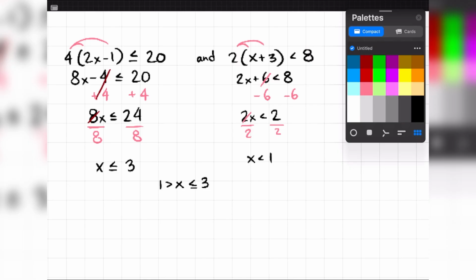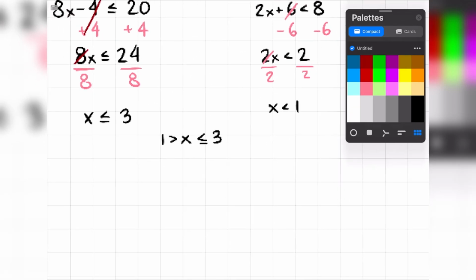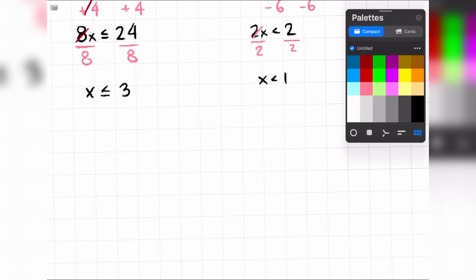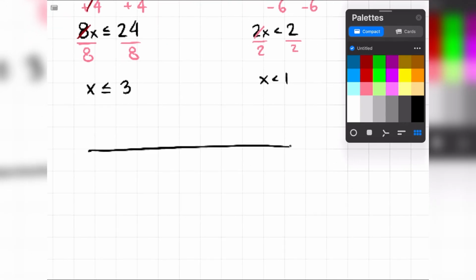Okay, so when you get something like this, what you do here is it's both of these, right? So it has to satisfy both of these. So you write down here 1 and then a 3. We'll solve one of them first. We'll solve the left one first, which we'll do blue. This one's blue and this one's red.